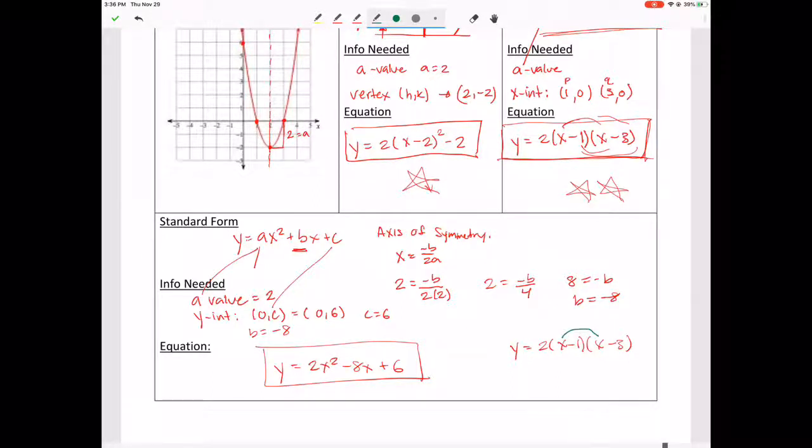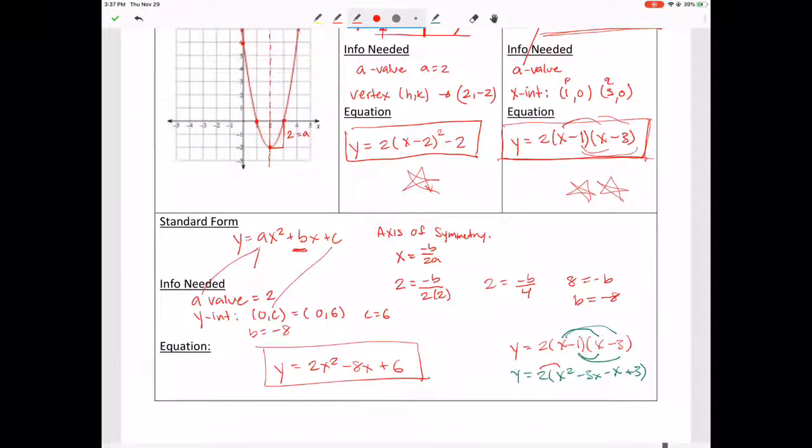And then I would just distribute. I would FOIL. So we'd get y equals 2 times x squared minus 3x minus 1x plus 3. And then I would distribute the 2 as so to all three terms.